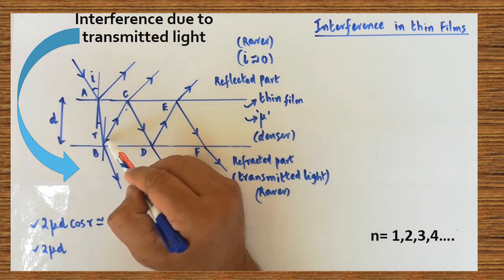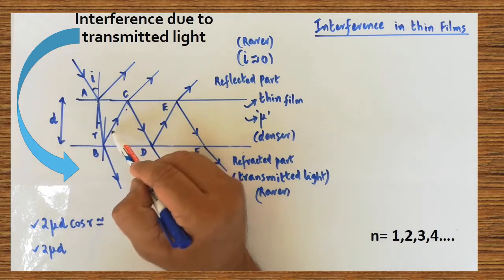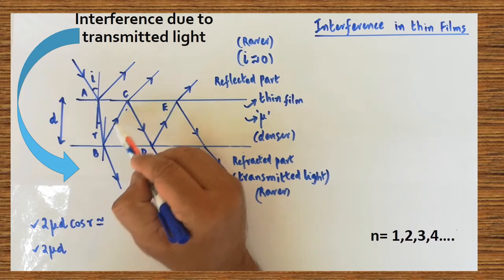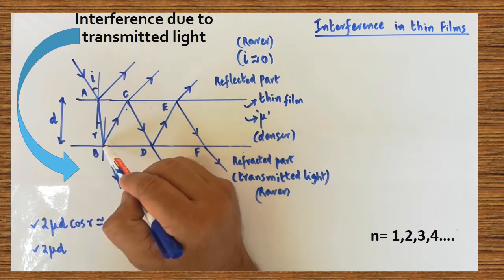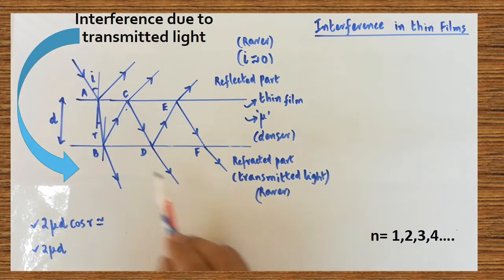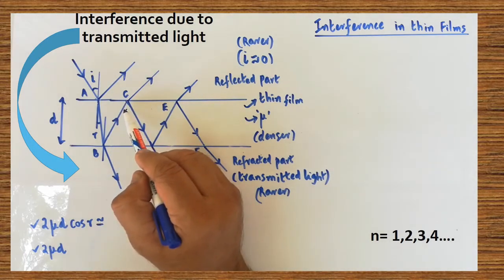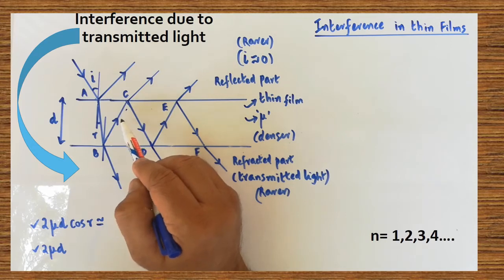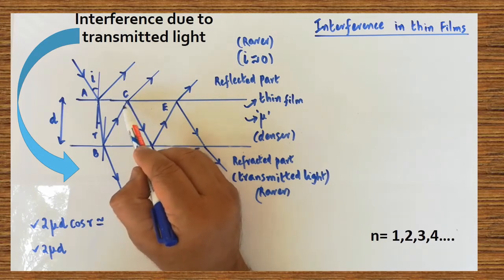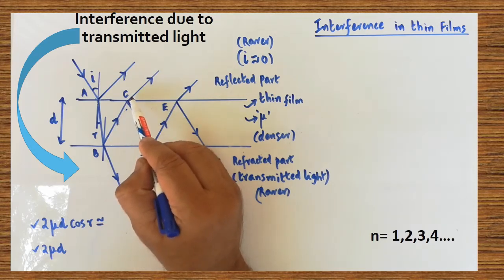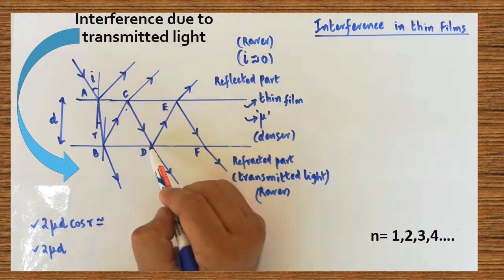The ray that gets reflected from point B is actually reflected from which medium? The rarer medium. So multiple reflection takes place. At C, again the ray gets refracted and reflected.